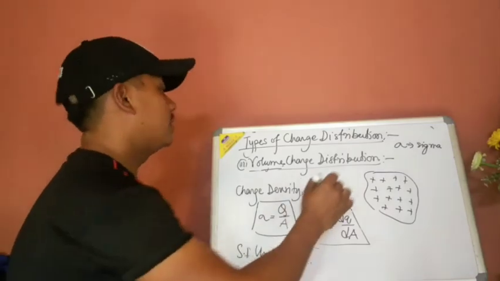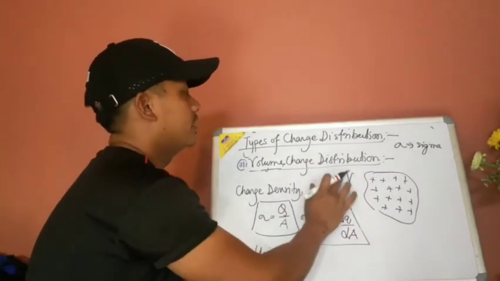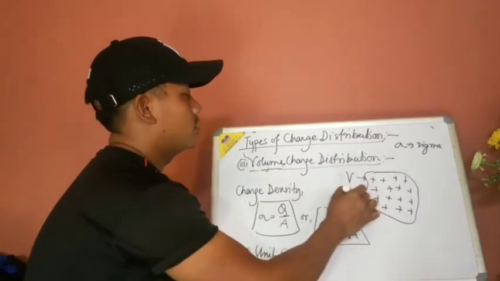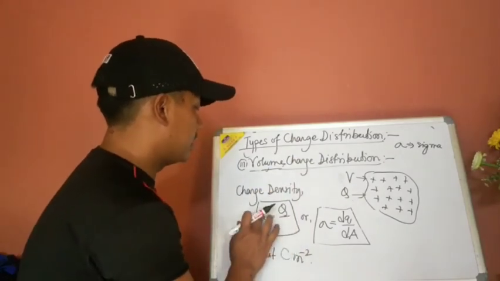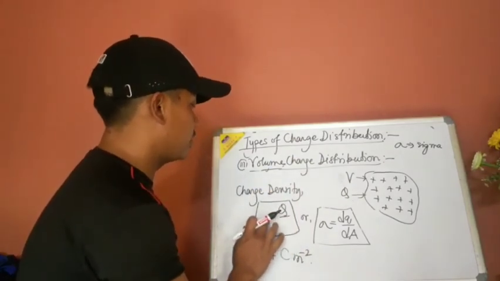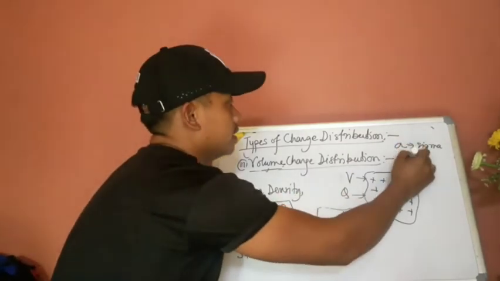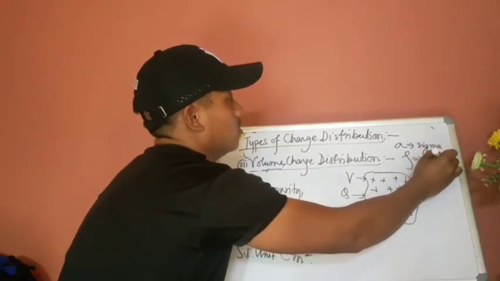Then the volume of the object will be V, and this is the total volume, and the total charge is Q. Then charge density will be denoted by, instead of sigma, rho.